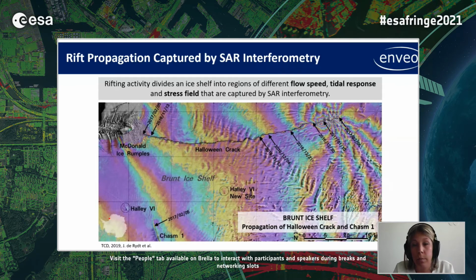We can also imagine that if the crack divides the ice shelf into regions, we can have a different response to tidal bending. And as the crack propagates, we also have a stress field that is observed with SAR interferometry.